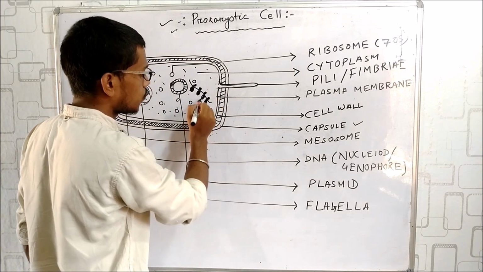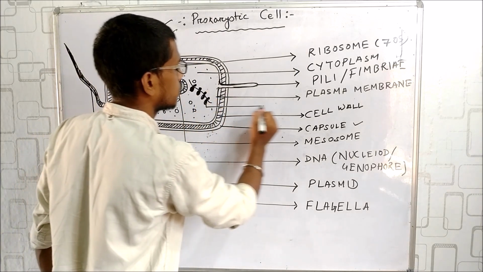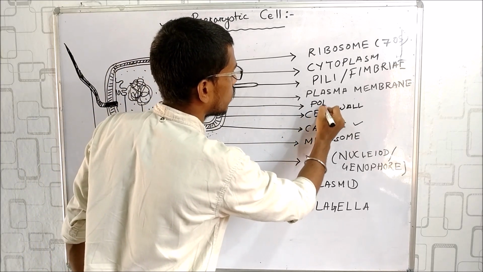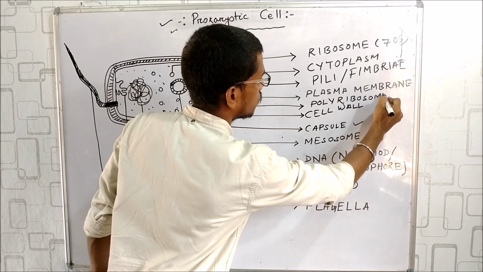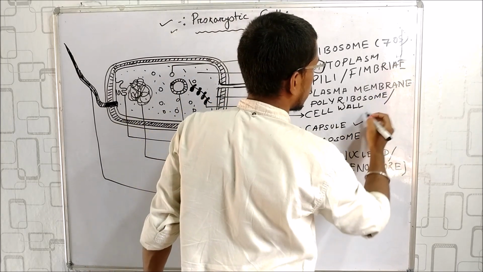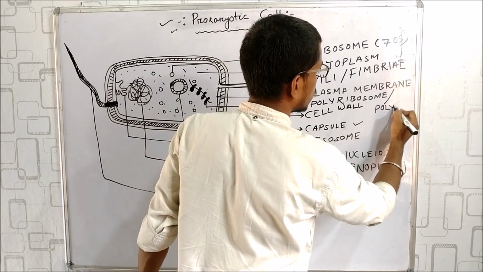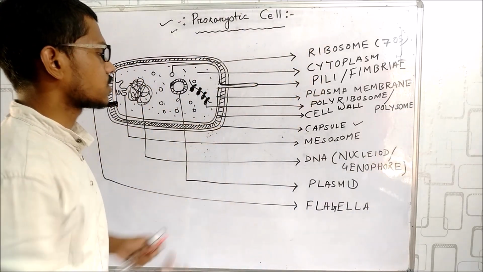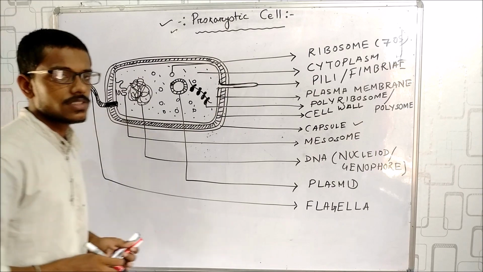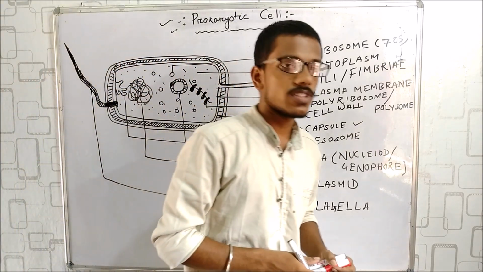This is called polyribosome, or simply polysome. So these are the structures or parts of a typical prokaryotic cell.